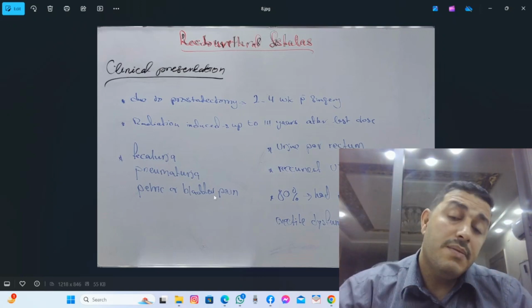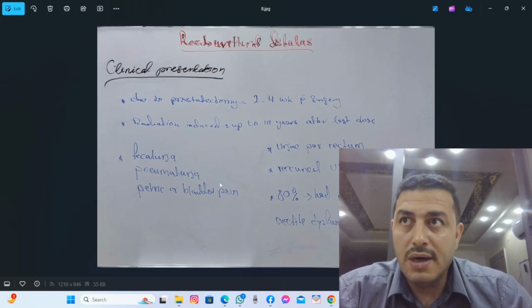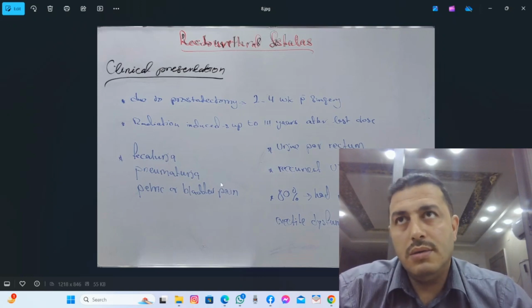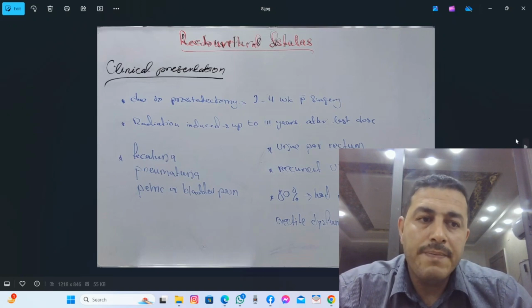Also, urine can present through the rectum, urine per rectum, recurrent UTI. Up to 80% of these patients have erectile dysfunction.